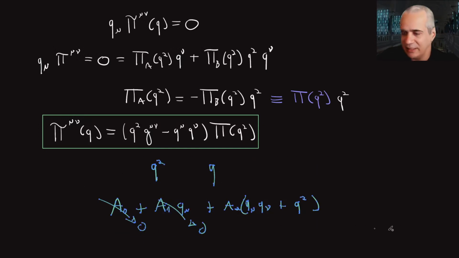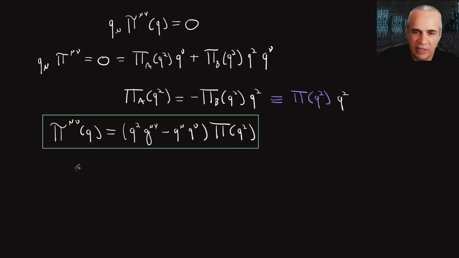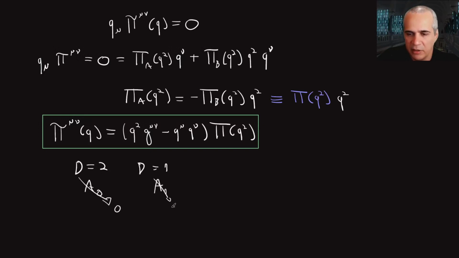So the d equals 2 that I started with, from symmetry considerations, I'm seeing that that would be associated with the a0, that's 0. D equal 1, that would be associated with a1, is also 0. So the surviving terms have d equals 0, which are proportional to a2 times 2 powers of momentum. Again, symmetry is lowering the degree of divergence.